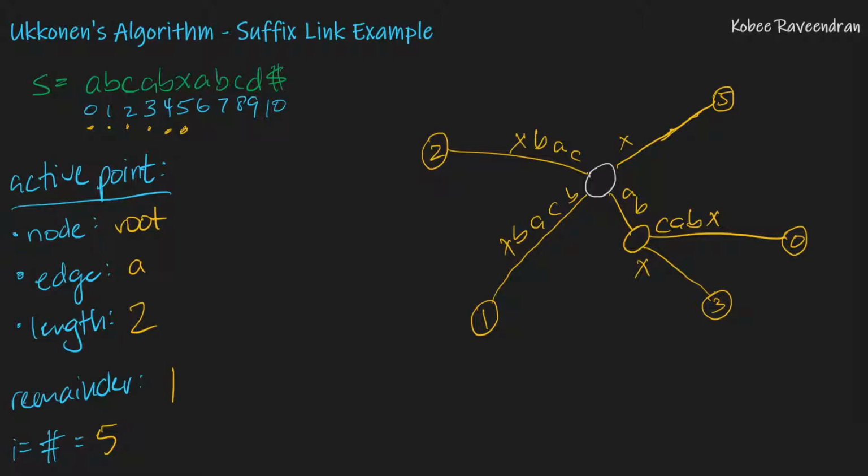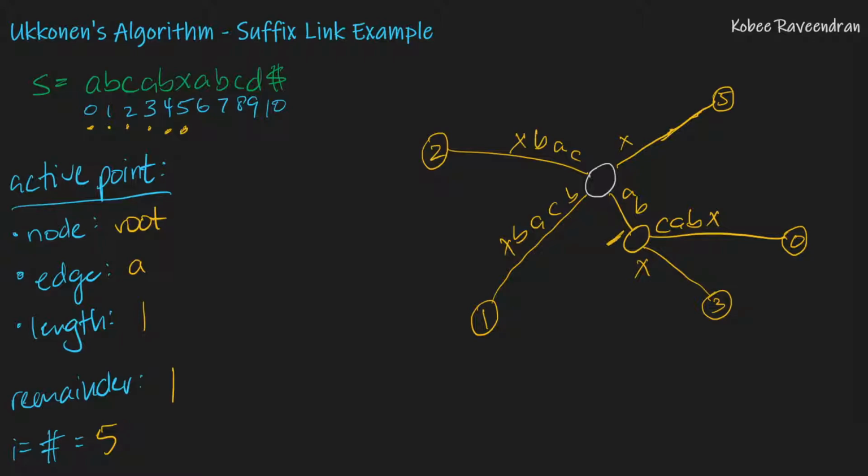And so that also means, since our active node is the root, I can just decrement the length down to 1, and also set the active edge to be the next character from my current edge. So right now my active point was like around here.